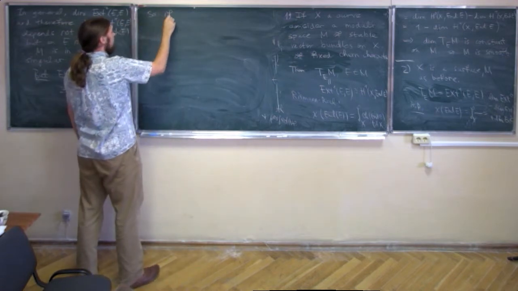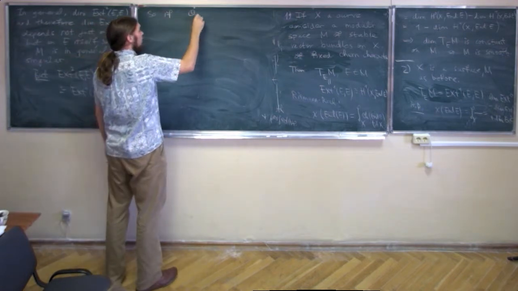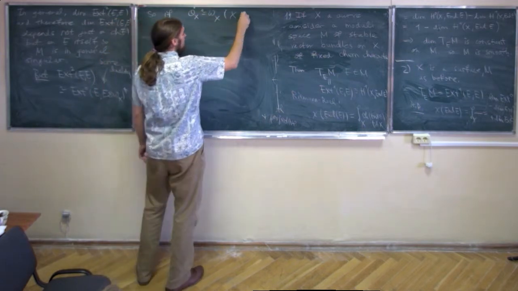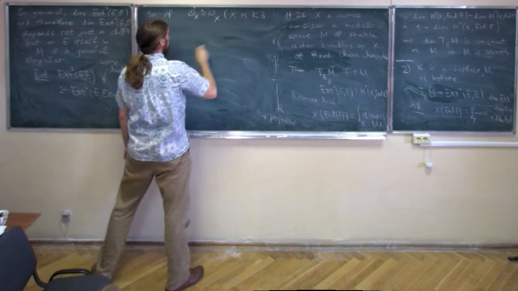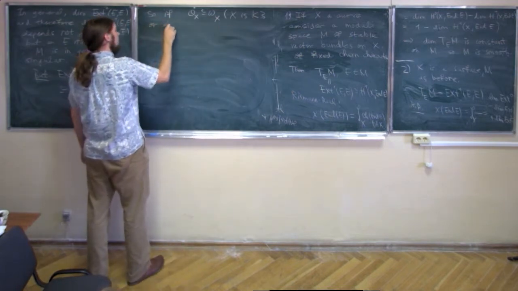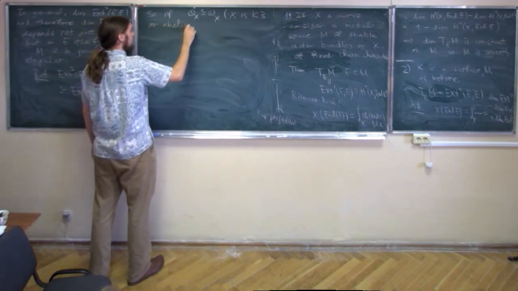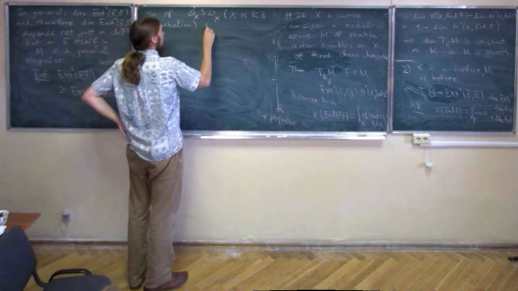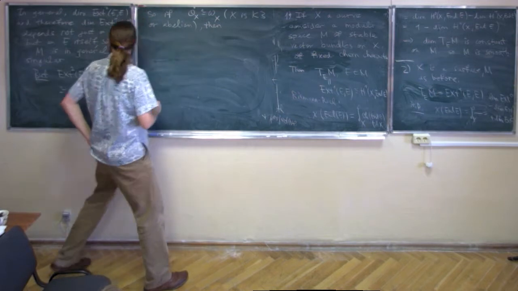So if we can trivialize the canonical bundle, so X is a K3 surface or an abelian surface, then we're done.